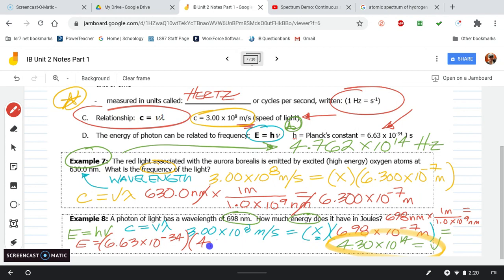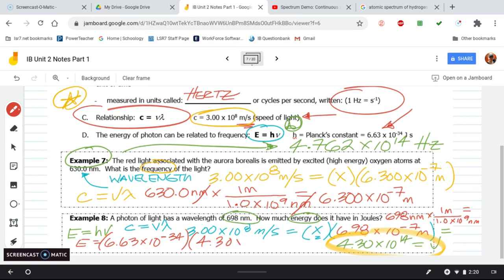You don't have to ever memorize these numbers. And then plug in my frequency, and we're going to run this through and get an answer in energy. So I'm going to go 6.63 to the negative 34 times 4.3 to the 14th.